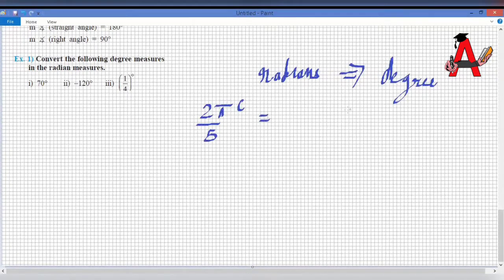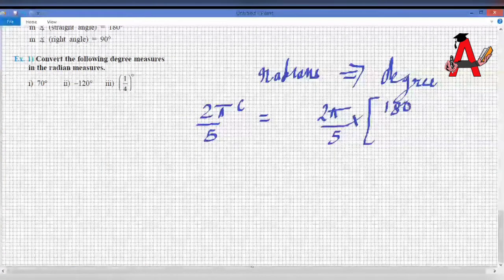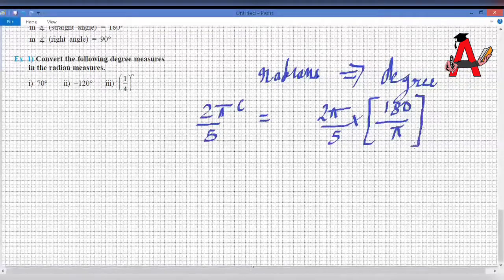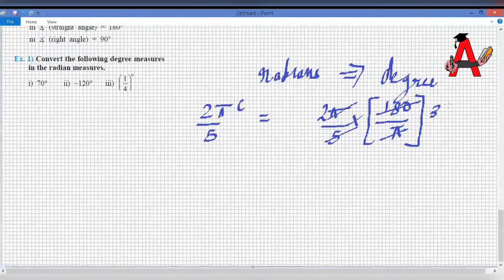We will multiply this by 180 upon pi. Here it is the opposite: there we were multiplying by pi by 180, here we'll multiply by 180 upon pi. We will cancel out this pi and pi. 5 times 36 is 180, and 36 into 2 is 72 degrees. This is how you can solve this question.